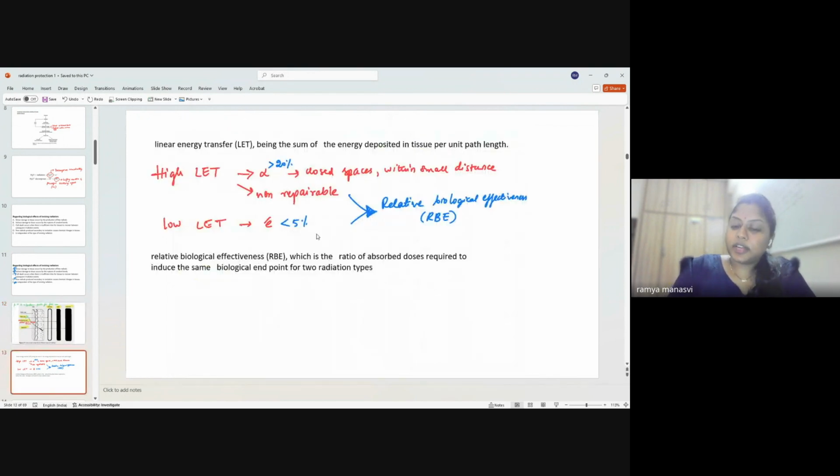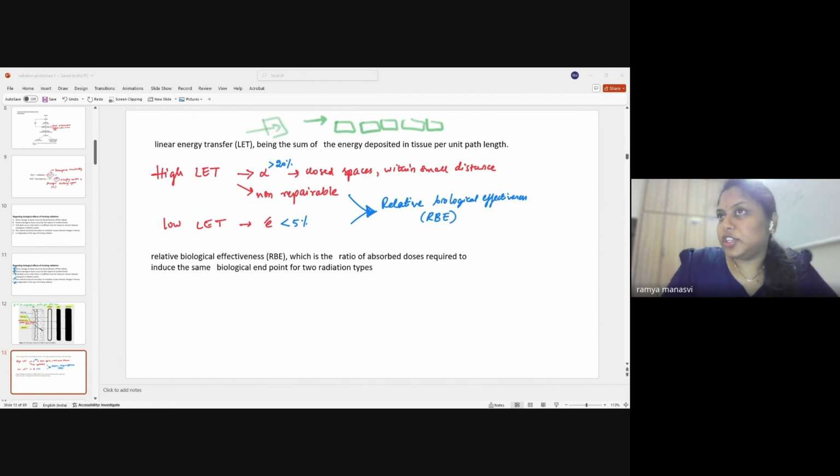That property I was talking about is linear energy transfer. That is how much energy it will transfer. Suppose these are the cells, and these are the X-rays or gamma rays going into the living tissue and passing through it.